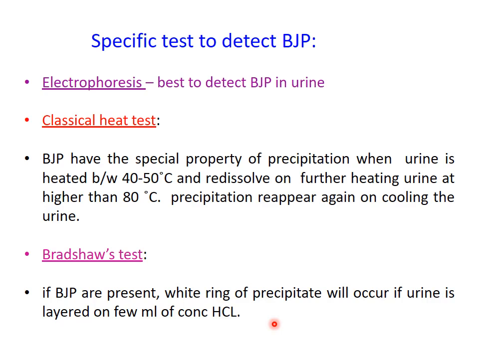So we take a few ml of concentrated HCl, then we add the patient urine drop by drop, and the white ring of precipitate appears at the junction. It is called the Bradshaw test for Bence-Jones proteinuria. Remember that Bence-Jones protein is a light chain protein, a low molecular weight protein containing either lambda or kappa chain.